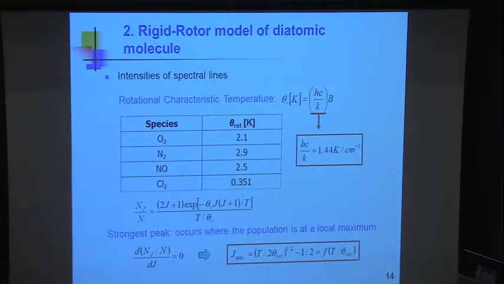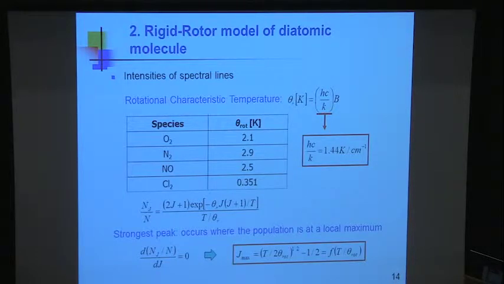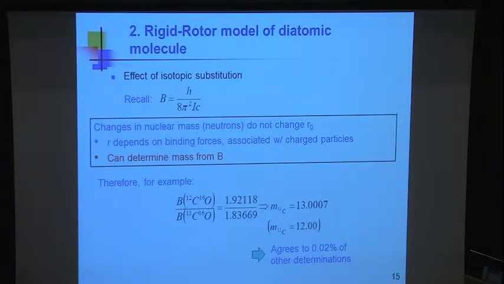This tells you how many rotational states you have to think about at a given temperature. At very high temperatures, what happens? The temperature goes up, the peak of the Boltzmann distribution goes up, and the quantum states get distributed to higher and higher J. They're all populated. The question is, where's the peak?